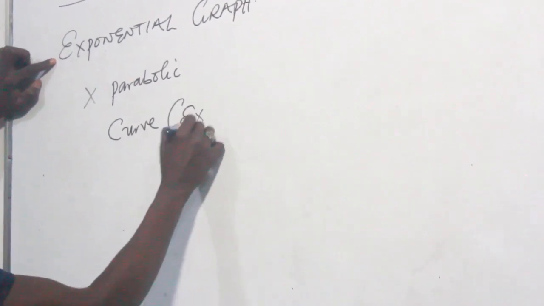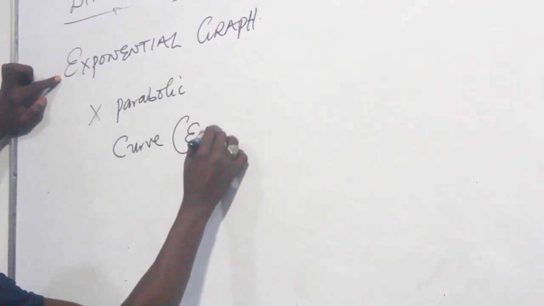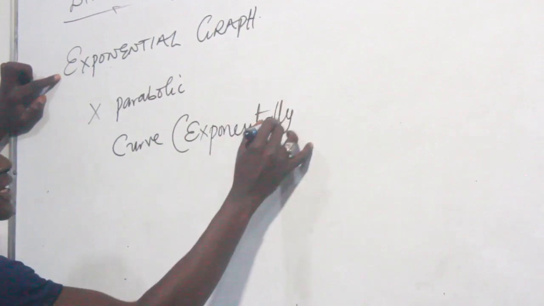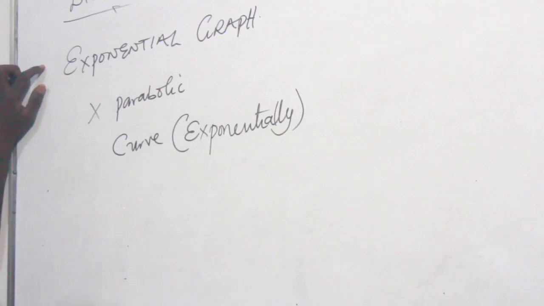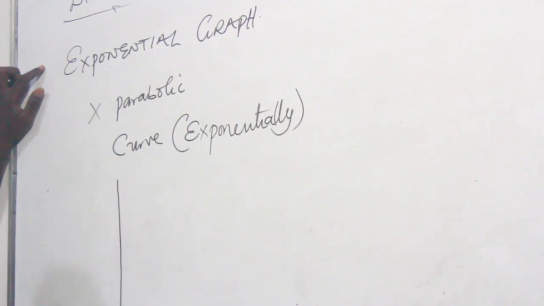which starts and increases exponentially. And when we say something increases exponentially, what do we mean? We mean a graph that starts somewhere or from the initial point, which is 0.